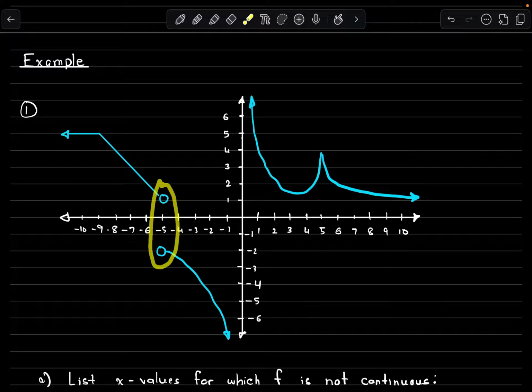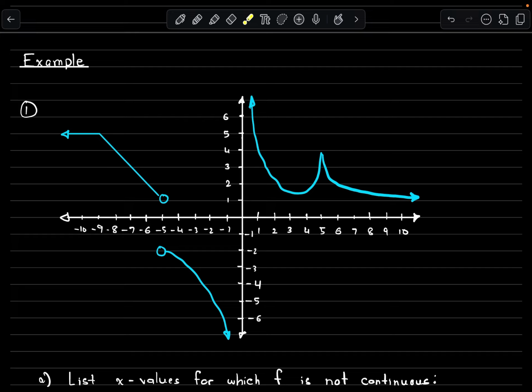The first discontinuity is going to happen here at x equals -5. This is what's known as a jump discontinuity. The function is jumping from y equals 1 all the way down to y equals -2. So of course, it's not continuous here, and if it's not continuous, we're not going to be able to take the derivative there either. So that's our first point, x equals -5.